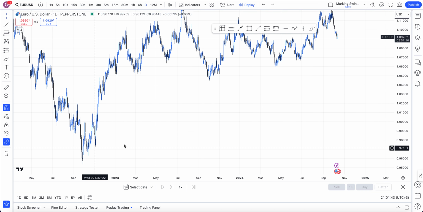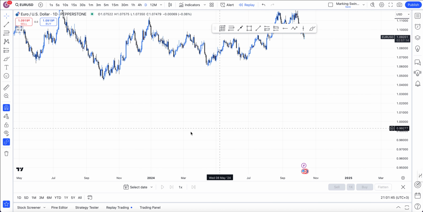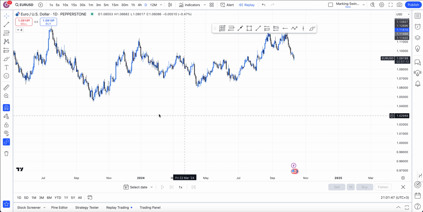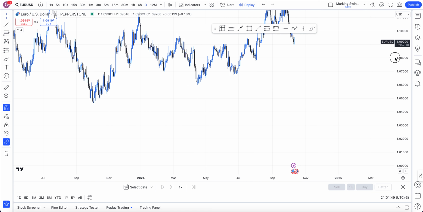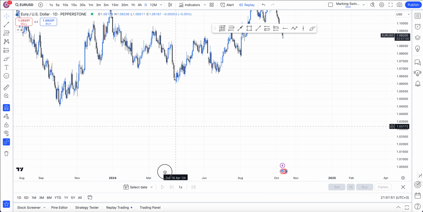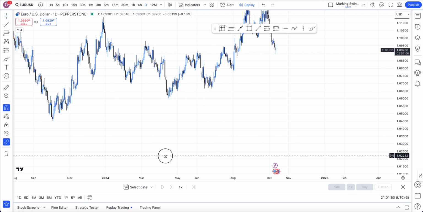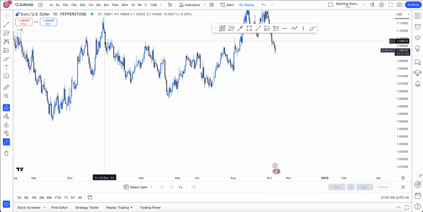This is 2023, and from here is 2024. This is the candlestick for 2024, which represents a day. That was January 2nd, then January 3rd, January 4th, and so forth.